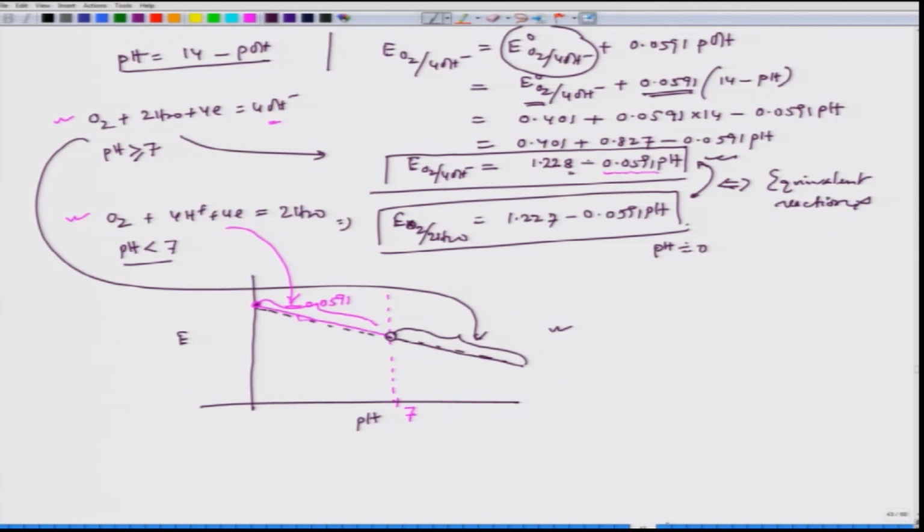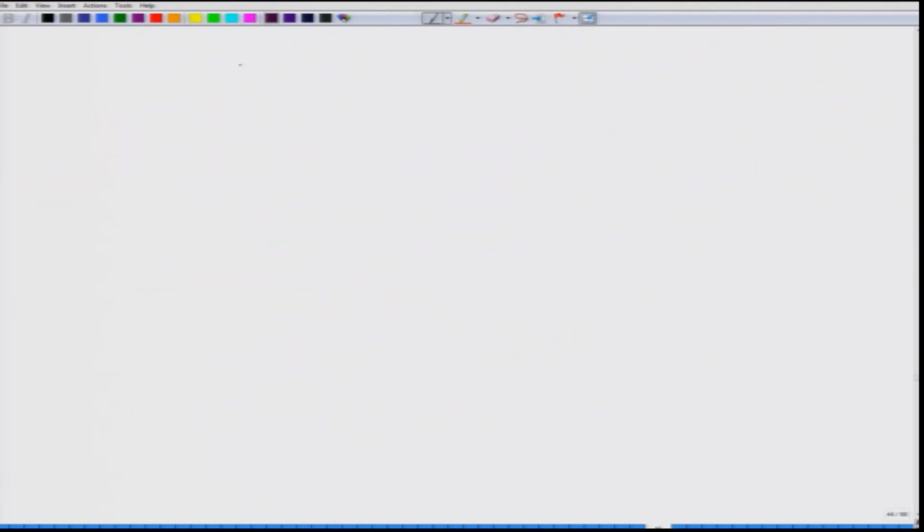Now, if we have to see another reaction, which is 2H2O plus 2e equal to H2 plus 2OH minus, this is also a reaction in aqueous medium. Here also we can calculate E0. That time I can say that this is H2.